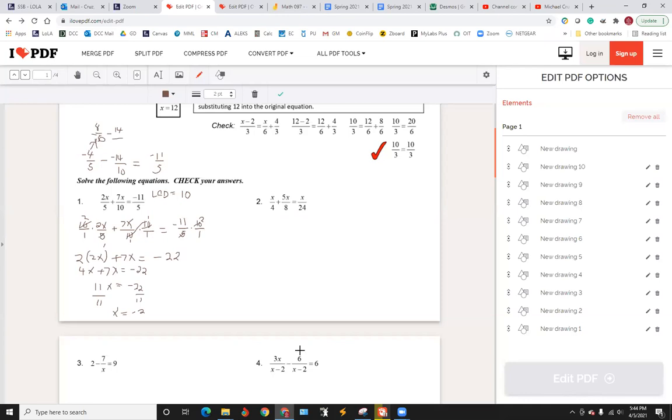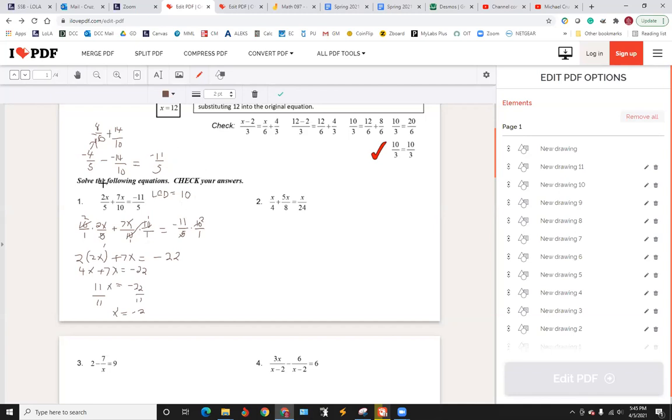Hold on a second. What did I do? Oh, I'm sorry. It's negative, negative, so this is positive. So negative 8 and 14. Hold on a second. What did I do? Negative 8 over 10. I should have left my notes up there.